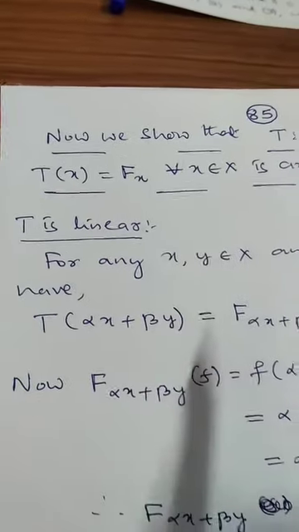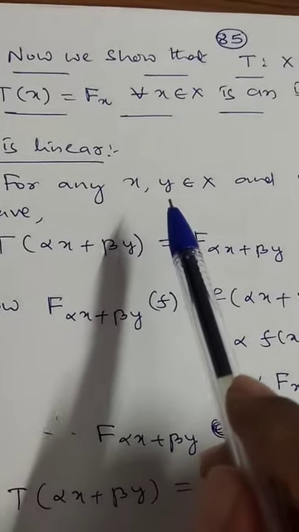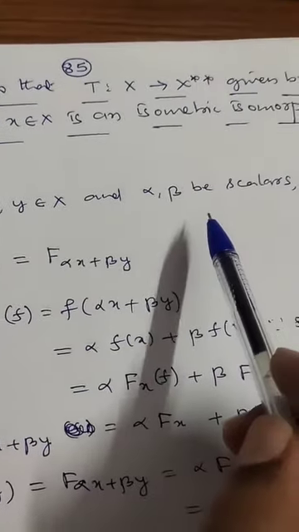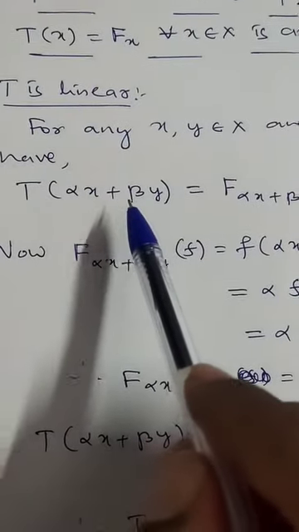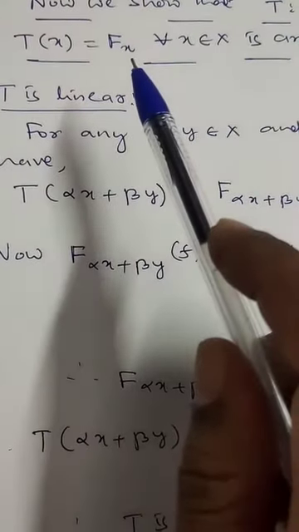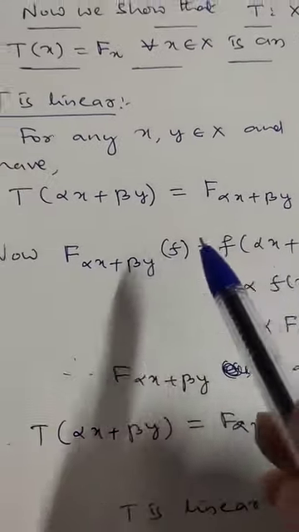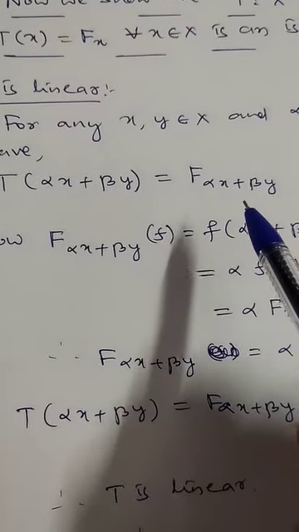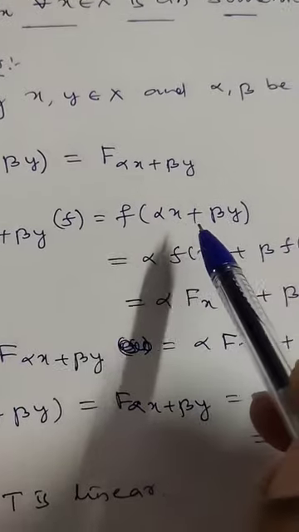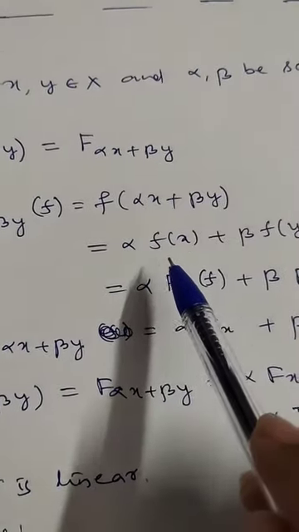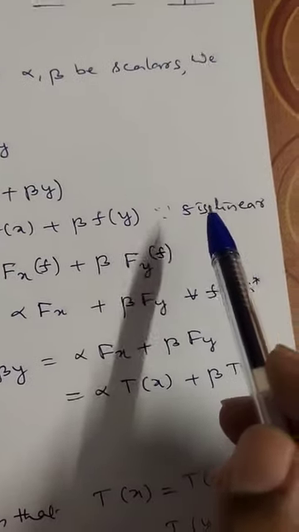Now we show that T is linear. For this, I will take any two elements x and y in X, and alpha, beta be scalars. Then we have T of alpha x plus beta y, which is F of alpha x plus beta y. By definition, F of alpha x plus beta y at f is equal to alpha into f of x plus beta into f of y, because f is linear.